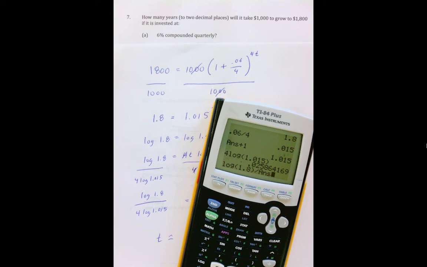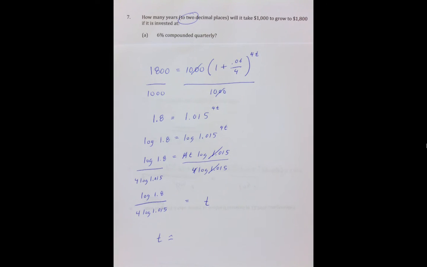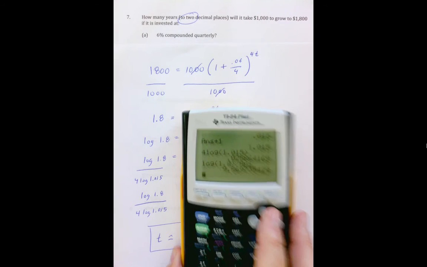You guys are going to cock your head a little bit to the right to see that. So it's going to take about 9.9 years. Well, it actually says to 2 decimal places. So it's going to be 9.87 years for this to happen.